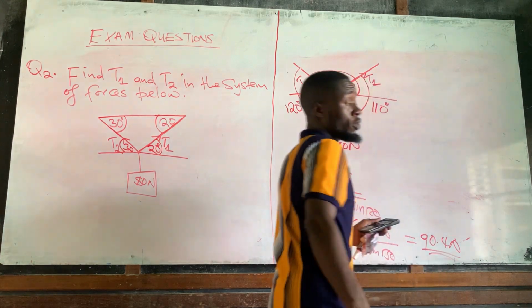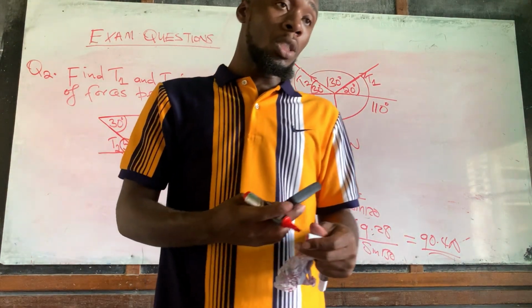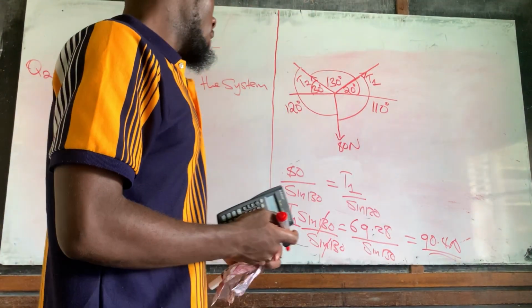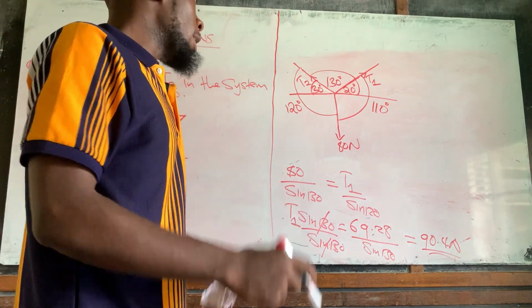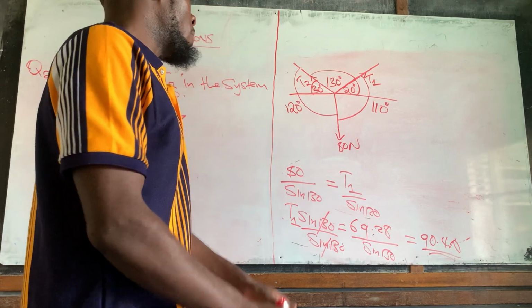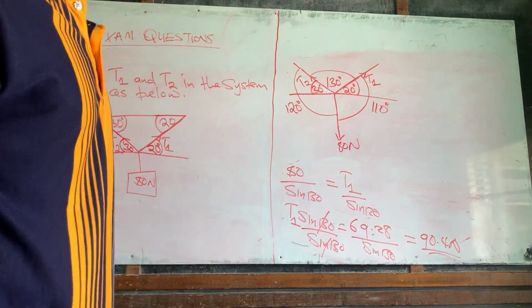So it's not 8 newtons, it's 9.4. I had mistyped the value on the calculator. So those are the two answers. T2 is 9.8 and T1 is 9.4 there.